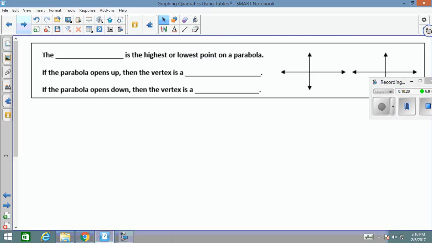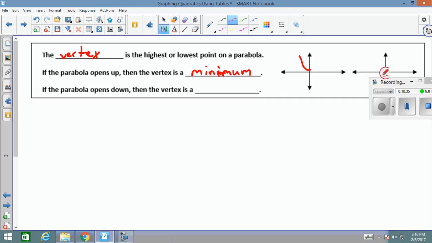Okay, we're going to talk about this in a little bit, but the vertex is the highest or lowest point on the graph. If the parabola opens up, then the vertex is considered a minimum. So if it opens up like this, the point on the bottom here is called a minimum.